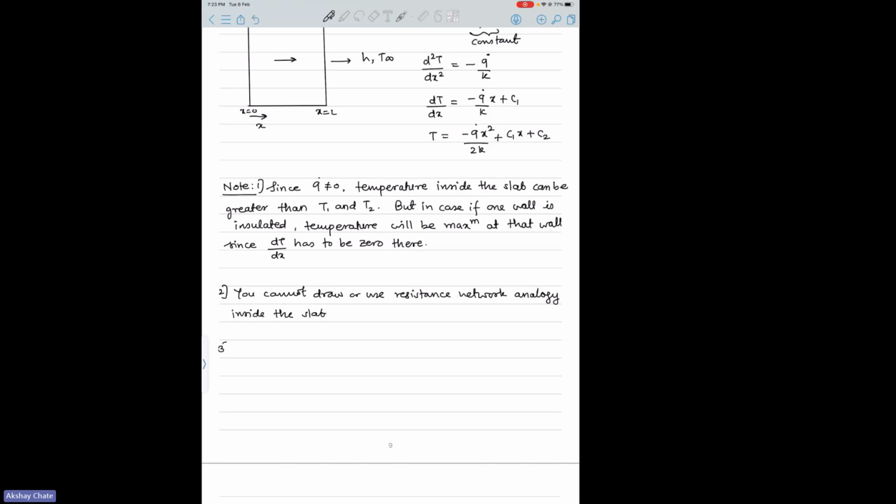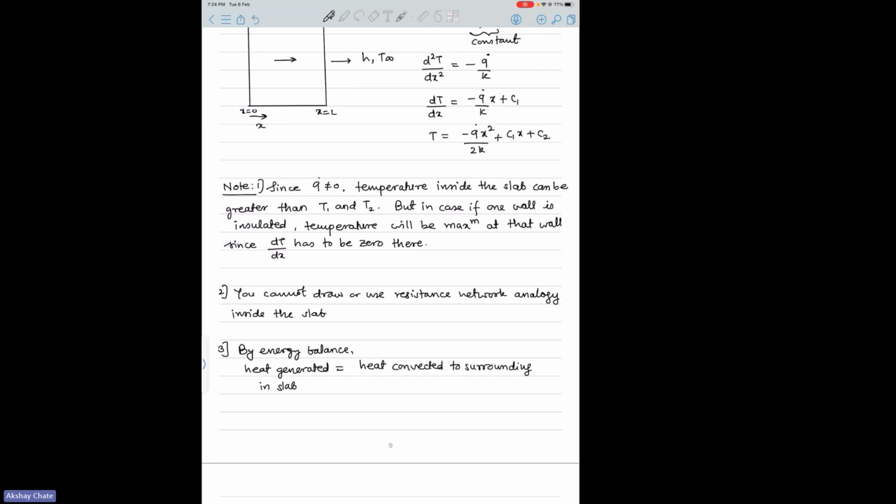And by energy balance, heat generated in the slab will be equal to heat convected to the surroundings.